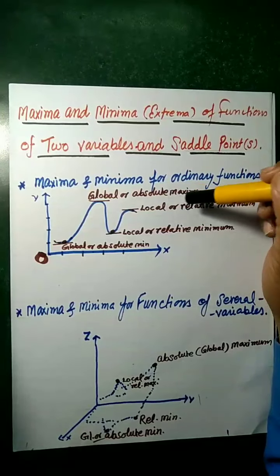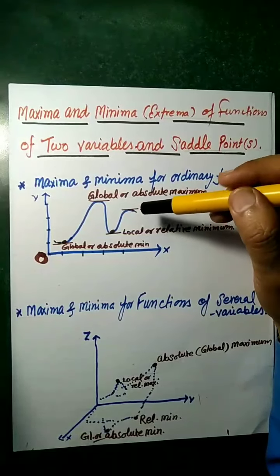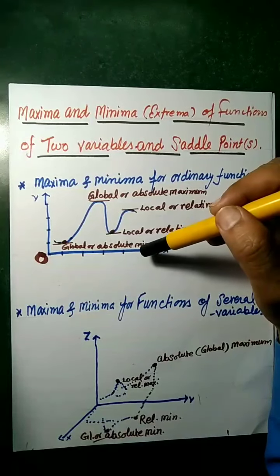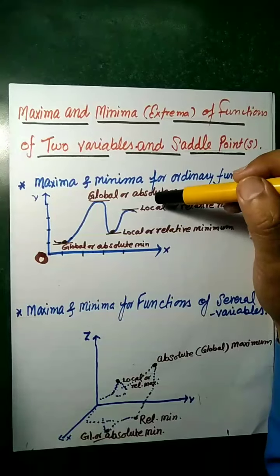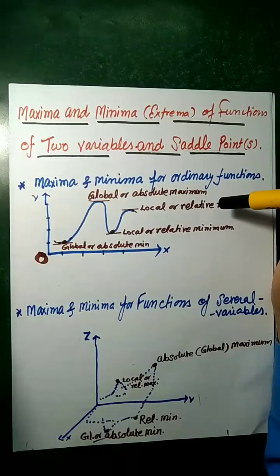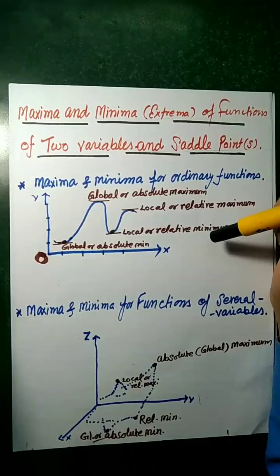So for an ordinary function we have global maximum and global minimum, local maximum and local minimum, this way.